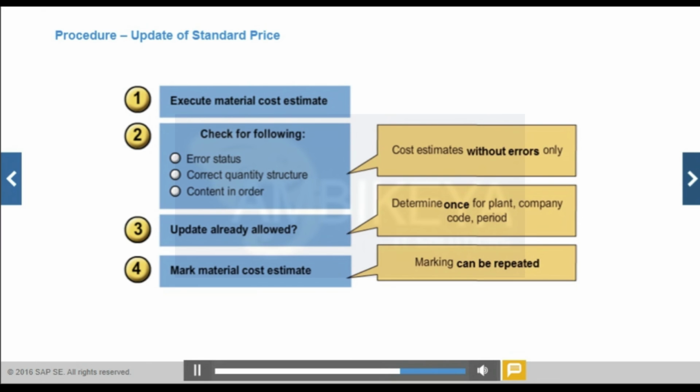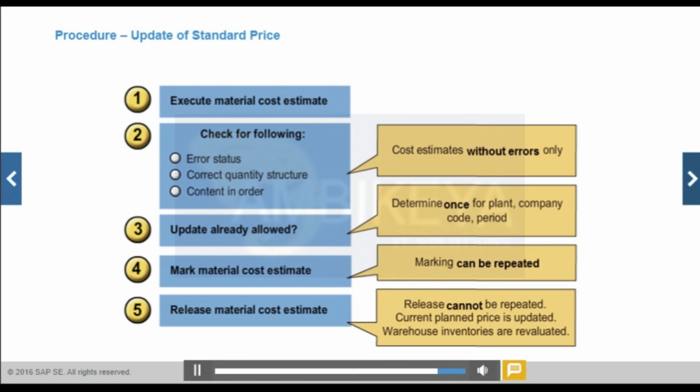Marking. After you have carried out the steps 1 to 3, you can mark the material cost estimate. The future planned price is updated in the material master and linked to the standard cost estimate. Release. You can only release cost estimates once. The release date cannot be earlier than the valid from date of the cost estimate.